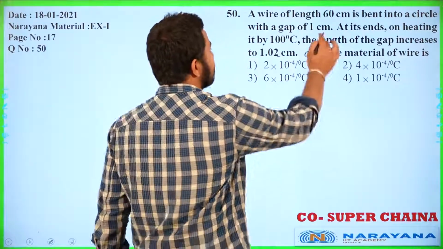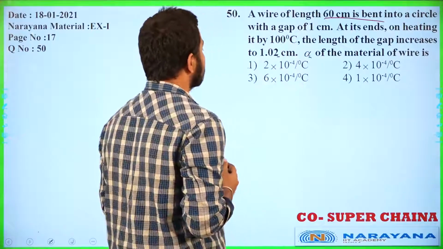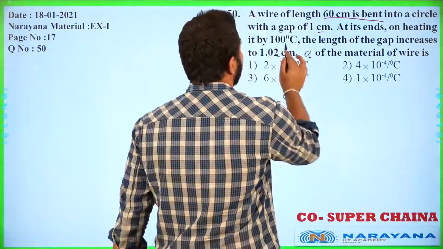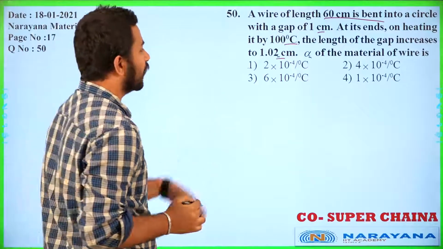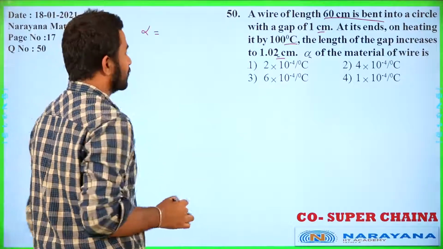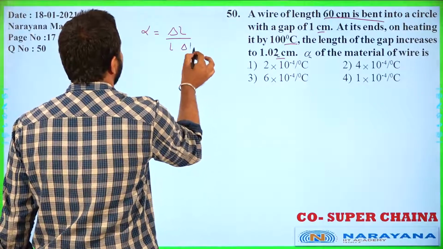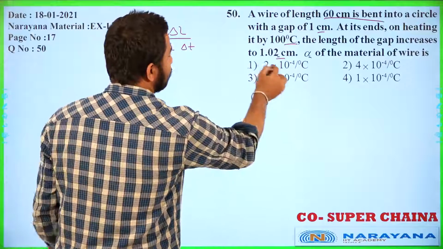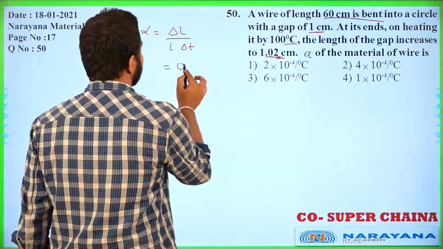A wire of length 60 centimeter is bent in a circle with a gap of 1 centimeter. On heating it by 100 degree, we find that the gap increased to 1.02. You have to calculate the alpha here. So we know that alpha can be written as delta L by L delta T, so delta L will be L alpha delta T. Delta L, if you check here, from 1 centimeter increased to 1.02, so delta L will be 0.02.